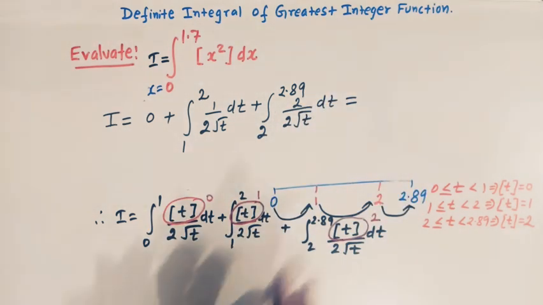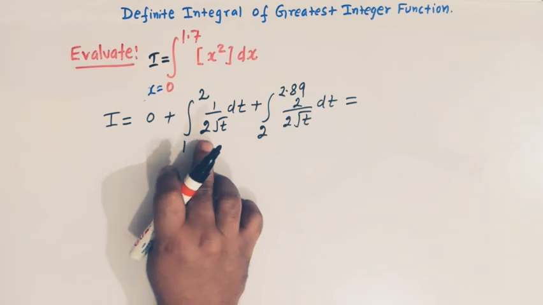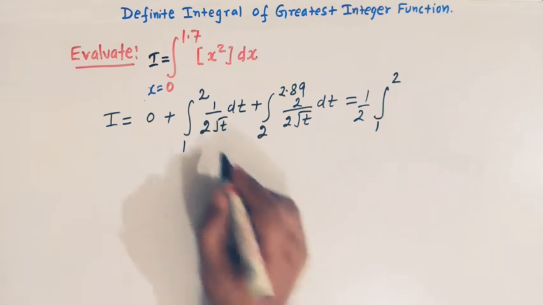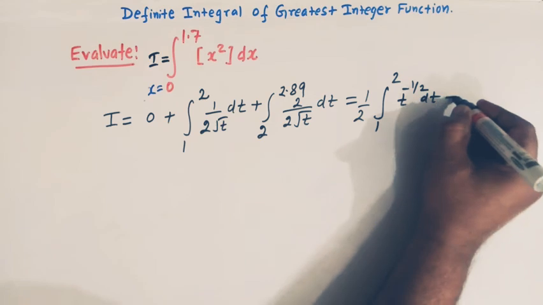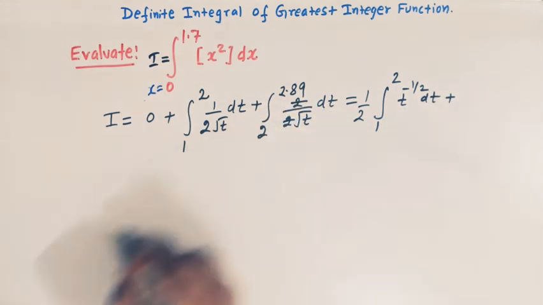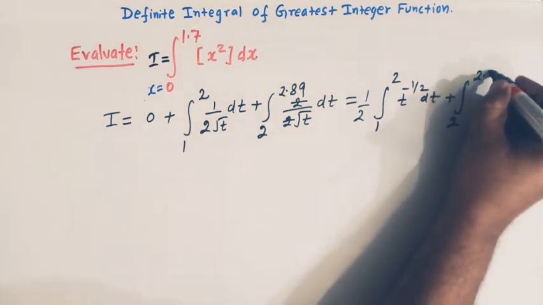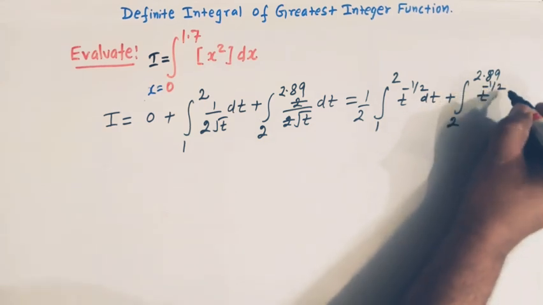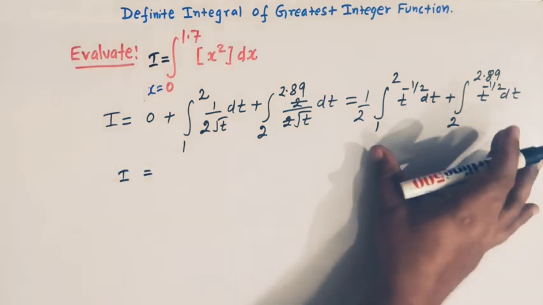So now we can further simplify these integrals. We can write this integral as half, from 1 to 2, t raised to minus half dt, plus 2 and 2 get cancelled, and here we have the integral from 2 to 2.89 of t raised to minus half dt, right? So now we can easily solve these integrals.